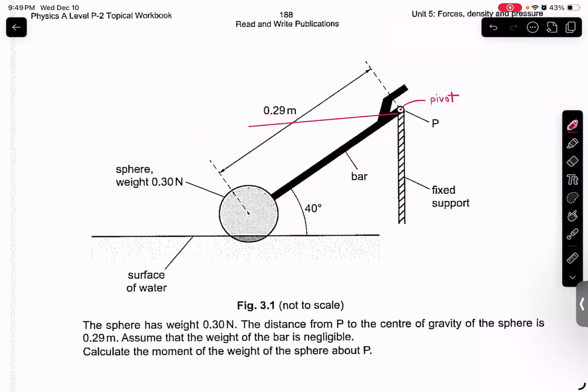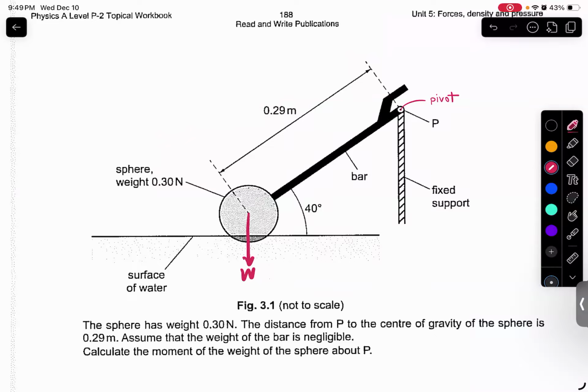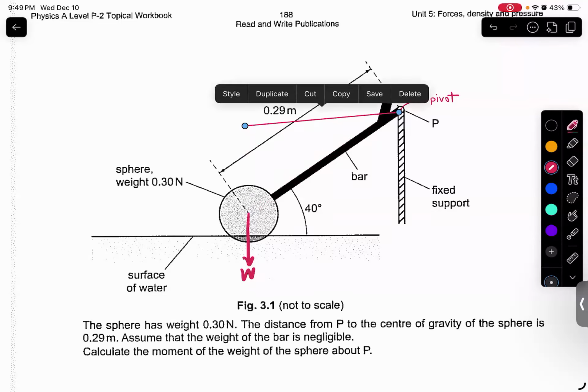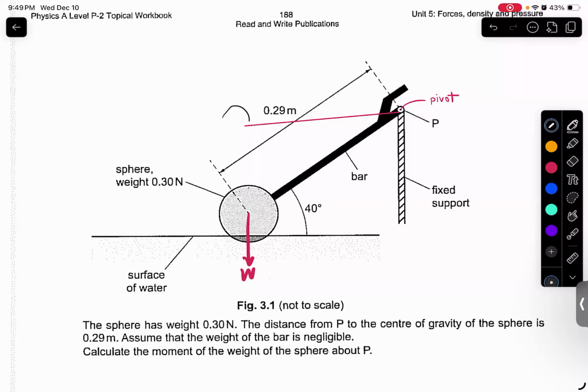The ball has a certain weight W, and because of that weight W, this bar bends downwards. If you were to push the bar upwards, the ball with the bar is going to come up.